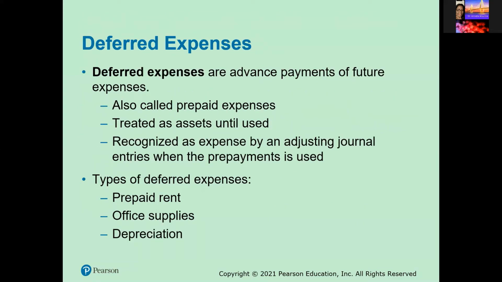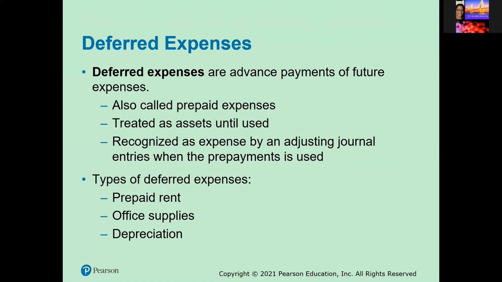A deferred expense is an item paid for in advance by the company for use in the future. Such payments are considered assets rather than expenses until they are used up.